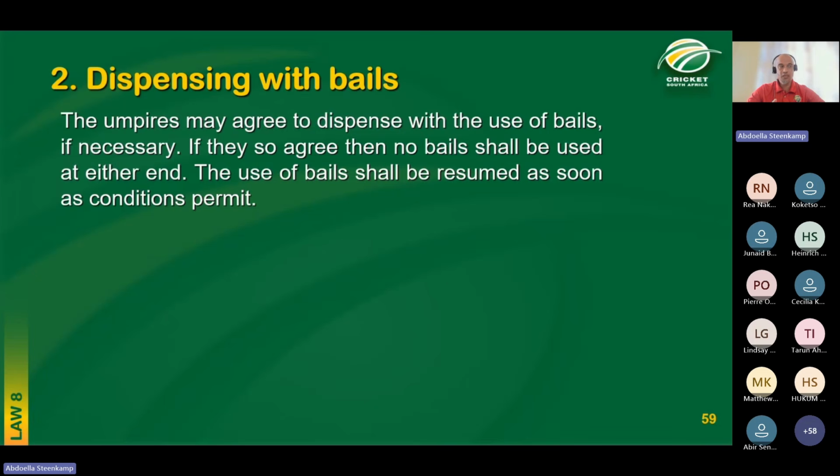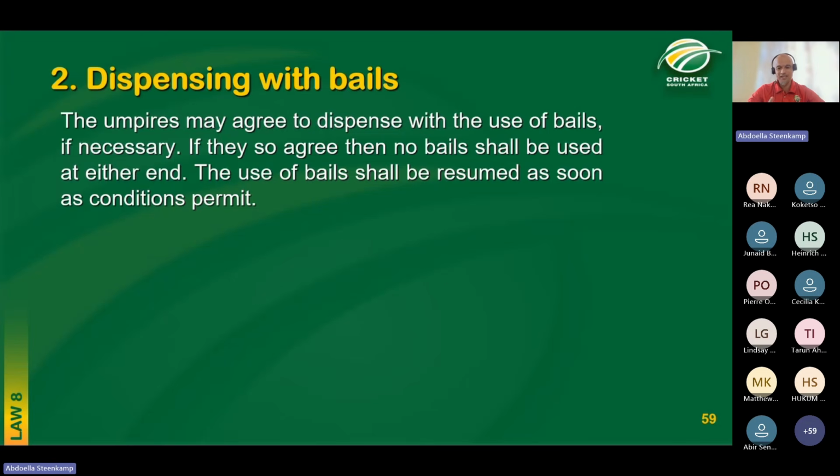And if you do decide to remove the bails from the top of the stumps, you need to remove them from both ends. You'll often find, and it's amazing, in strong wind conditions, and here in Cape Town, South Africa, we often have strong winds in certain areas of Cape Town.